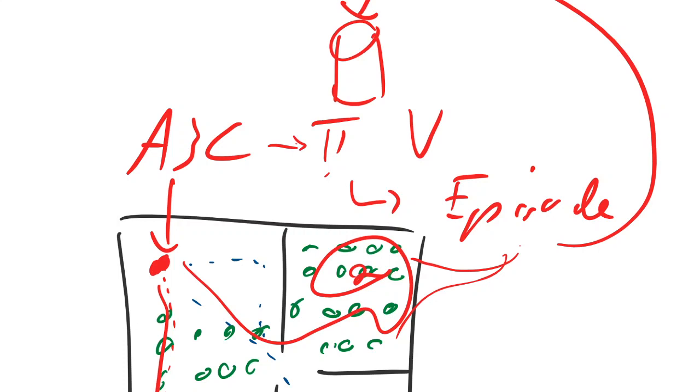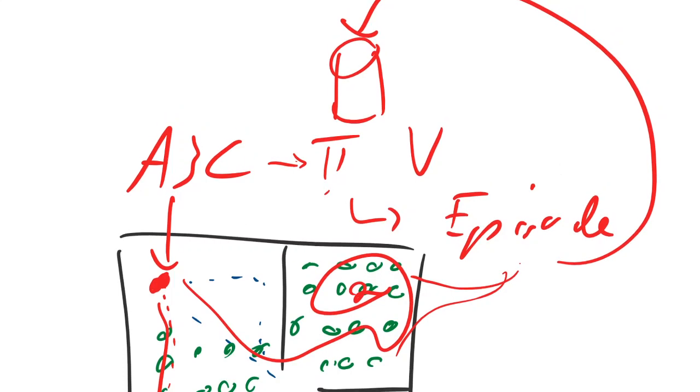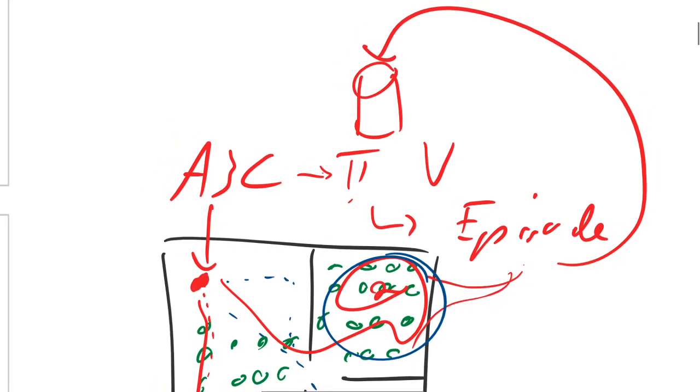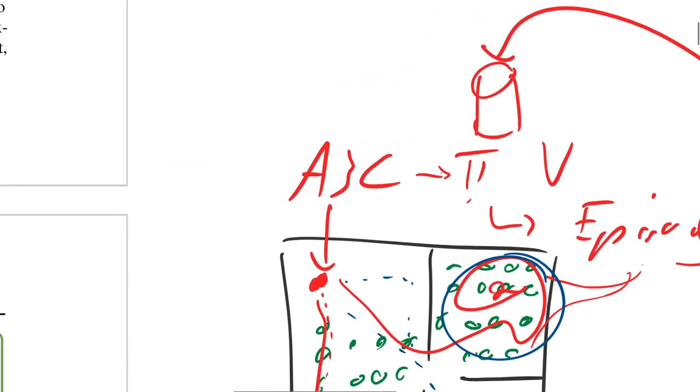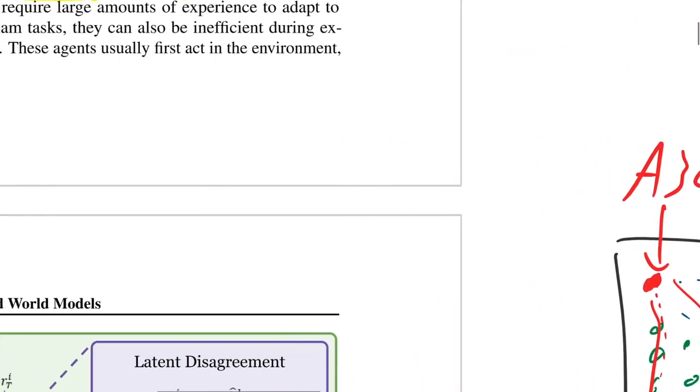But as soon as you've explored them, they're not really novel anymore, because you have now explored them. But still, you're going to train your agent, telling your agent that this area right here has given me lots of rewards. So the agent's going to be encouraged to repeat that.